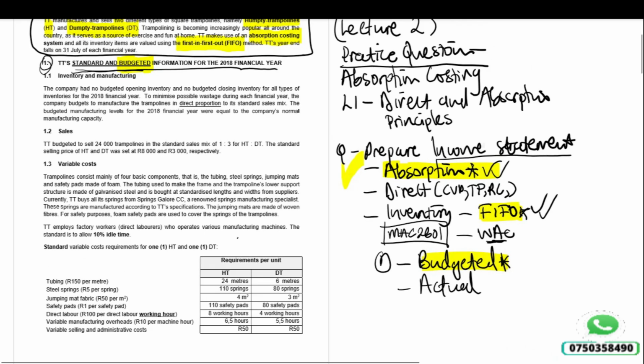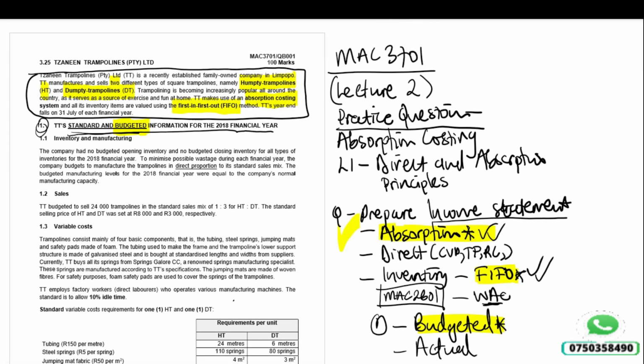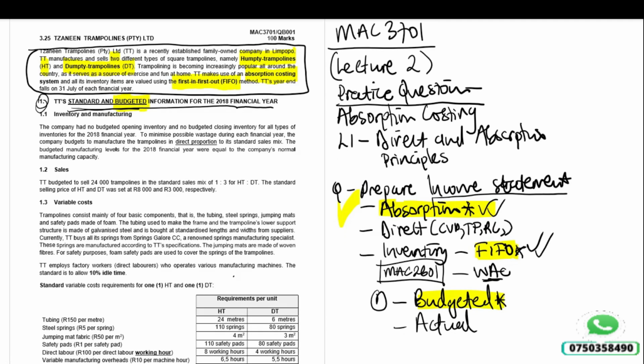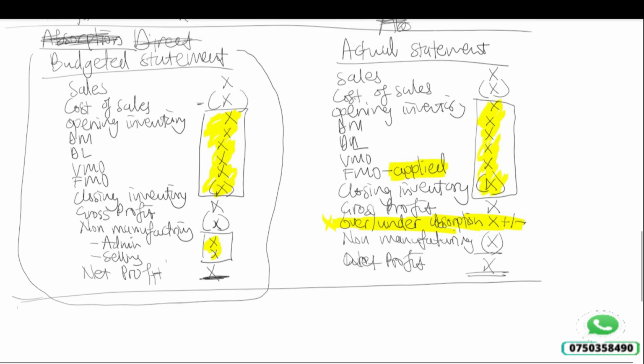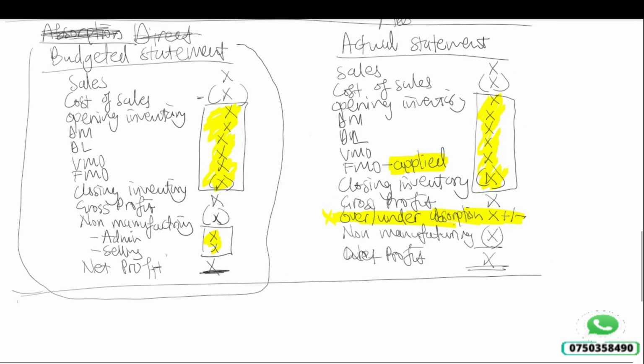Okay, so let's start looking into the question. If you remember from our previous lecture, lecture number 1, we covered this information. We explained how you're supposed to present a budgeted statement under absorption costing, and this is it.